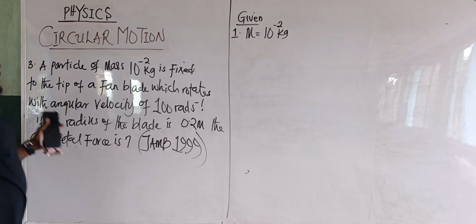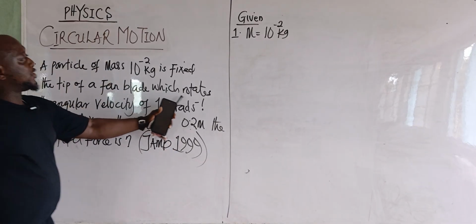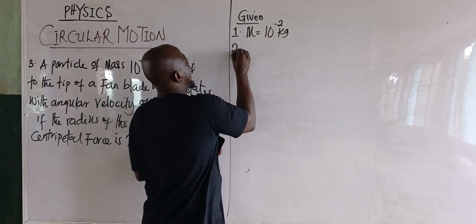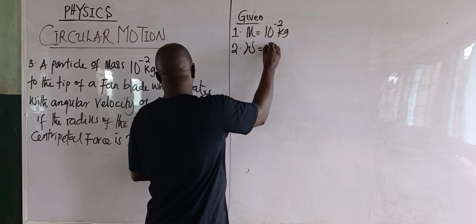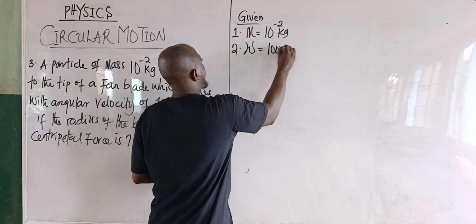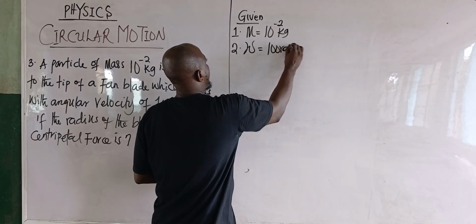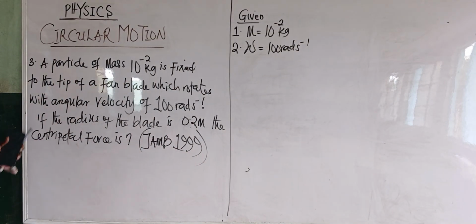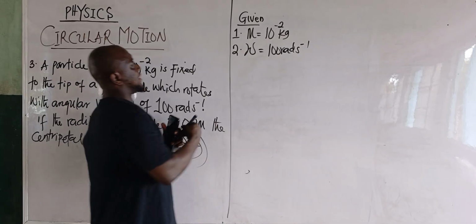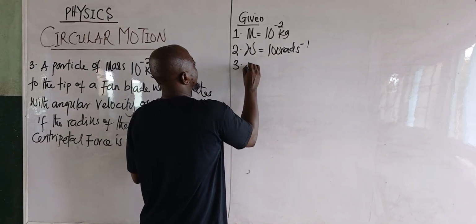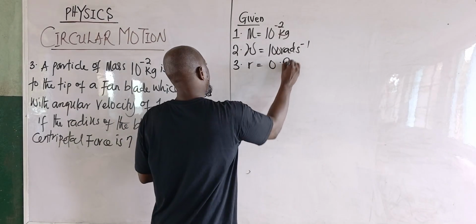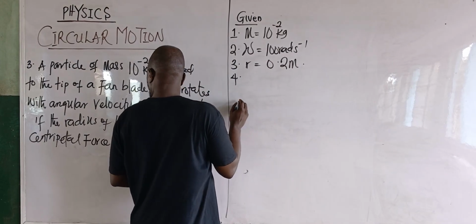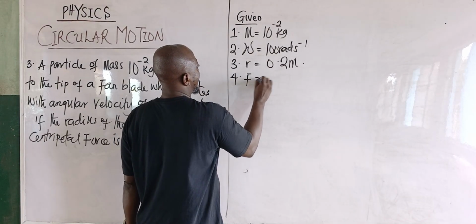It is fixed to the tip of a fan blade which rotates with an angular velocity of 100 rad per second. Then the radius of the blade is given to be 0.2 meters. Then we are asked to find the centripetal force.